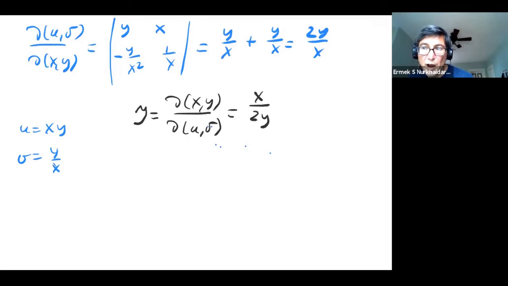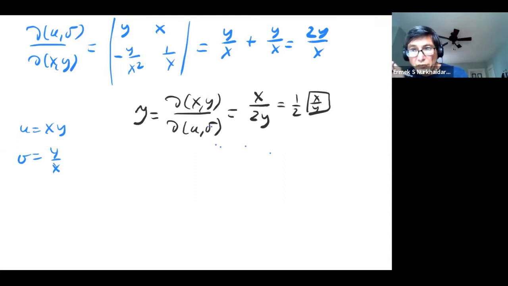And for purposes of our substitution, we want to write that in terms of u and v, because we want to have our new integrals in terms of u and v. So what we're going to get is 1/2, you can see here we have x over y. If possible, often we'll solve for x and y in terms of u and v.